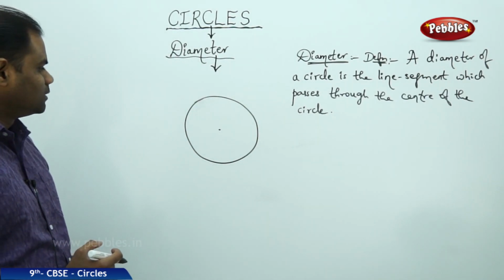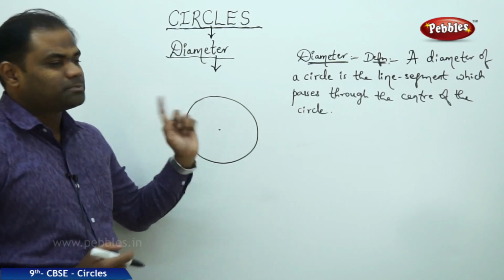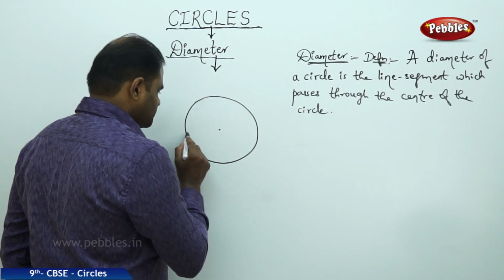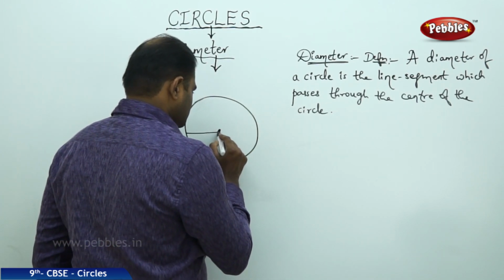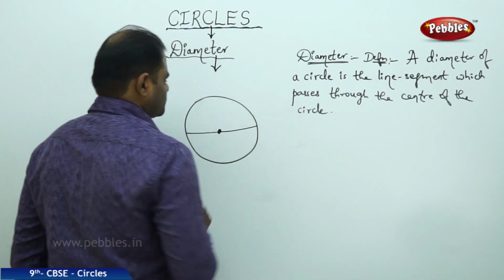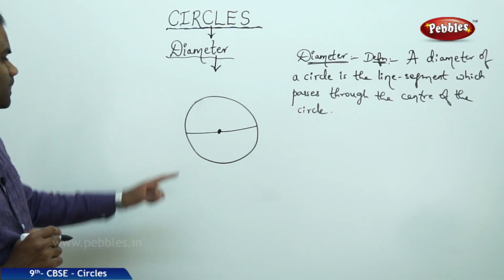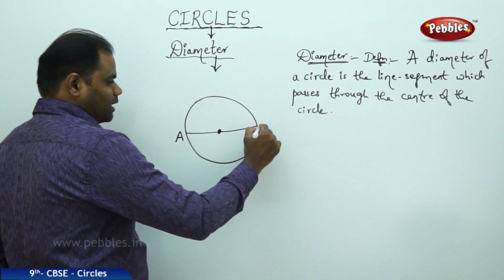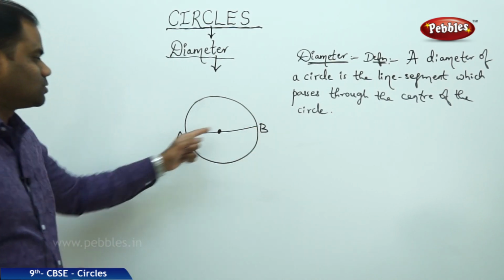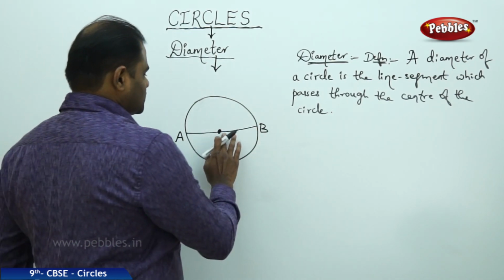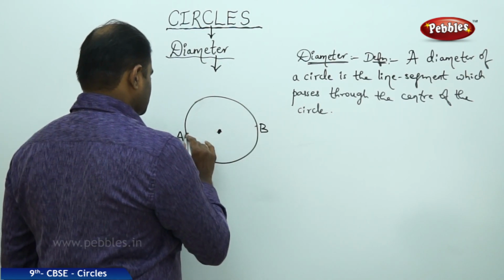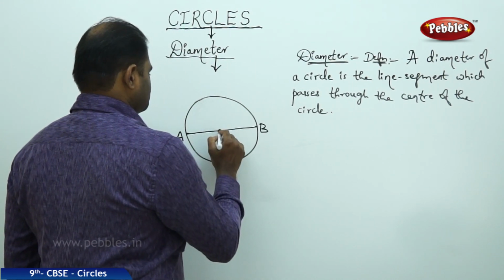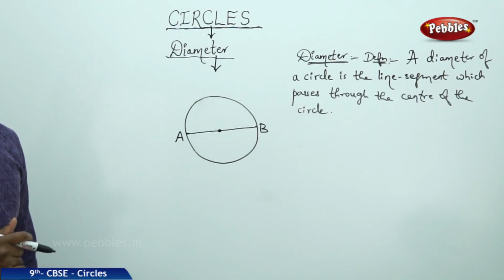Now here we have many line segments in the circle, but there's only one kind of line which passes through the center. So here any line which passes through the center is called a diameter. Suppose I have a line AB which passes through the center, then I call this line AB the diameter. AB is the diameter.